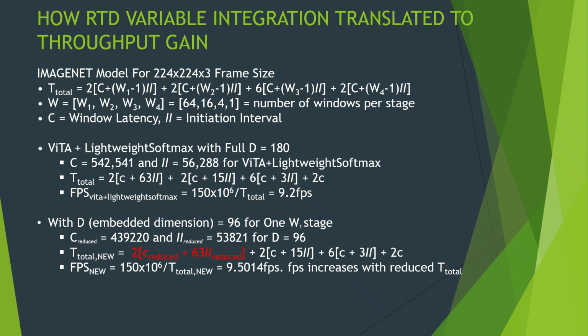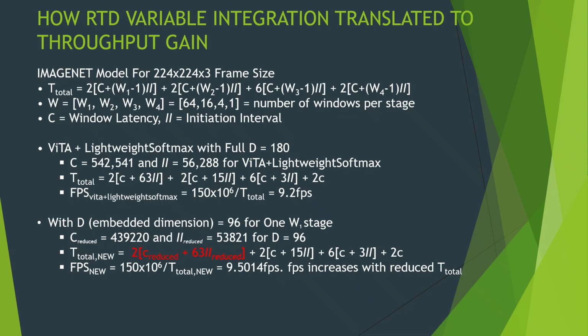Adding the lightweight softmax paper, which is also referenced in our paper, results in a speed increase from 8.71 to 9.2 frames per second. We reference the lightweight softmax integration from another paper, which is a journal paper, and VIDA is also another paper.